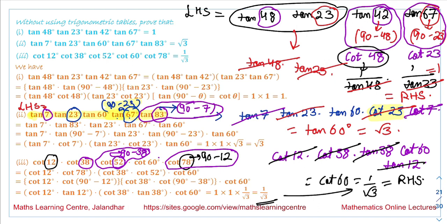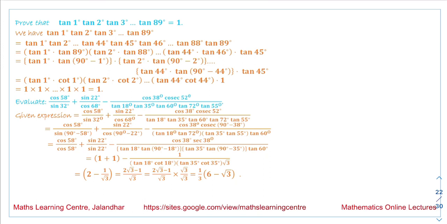Now next we have tan 1 into tan 2 into tan 3 and so on up to tan 89. We have to prove that the product of all these terms is equal to 1. So we have 1, 2, 3, 4 and so on, and these values are 89, 88, 87, 86 and so on.